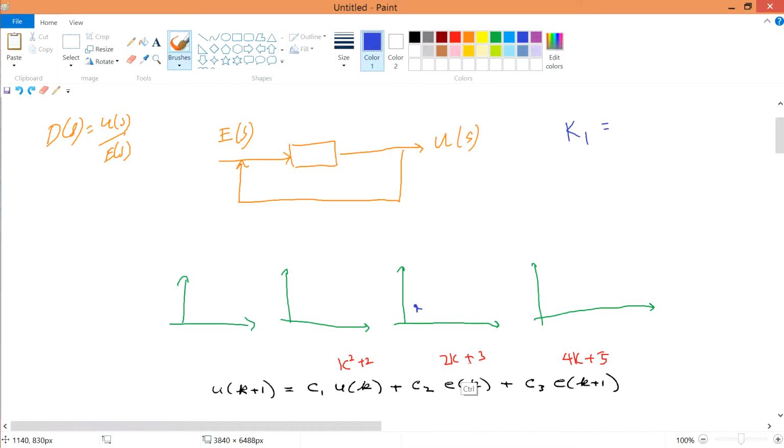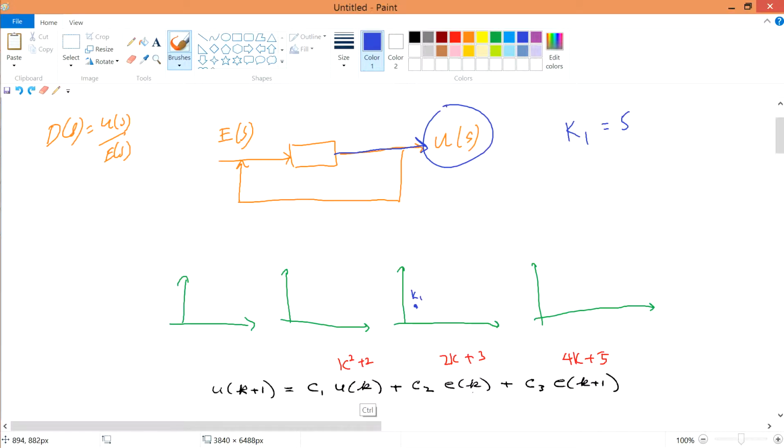Including times C2. For example, C2 is 1 if that's the case. But I just want to convey that this point reflects this position over here, this function over here. This is K1, and K1 comes out as an output through Euler, which is U(k).